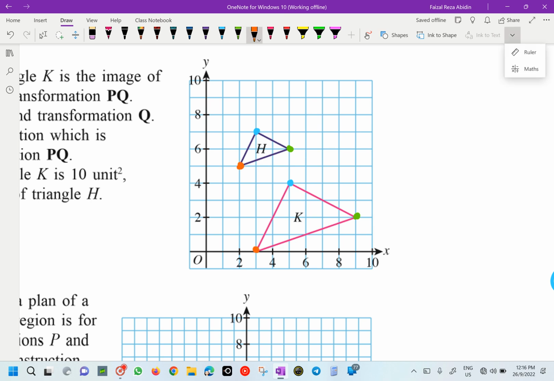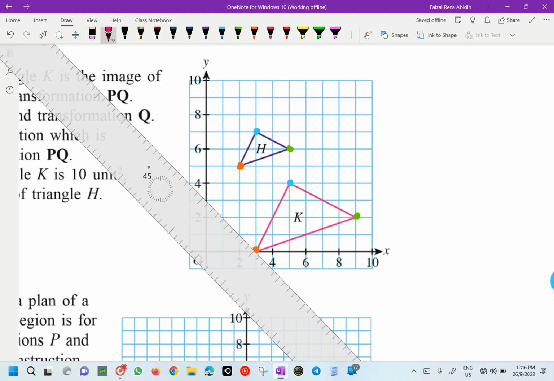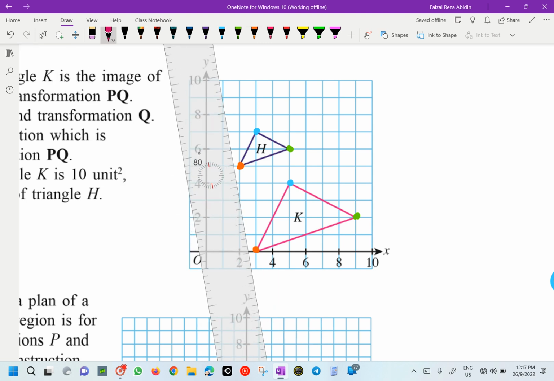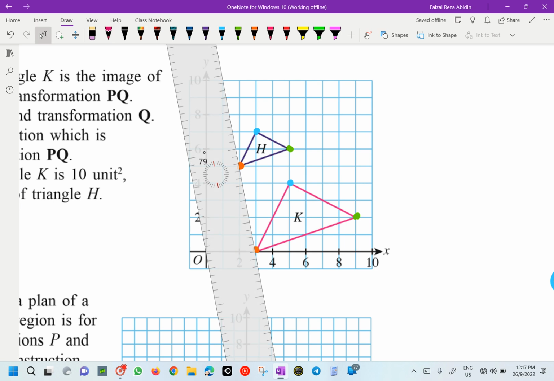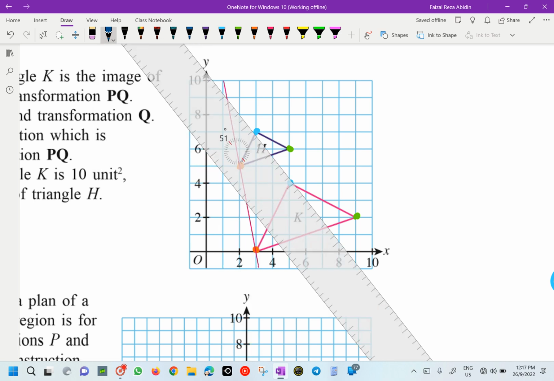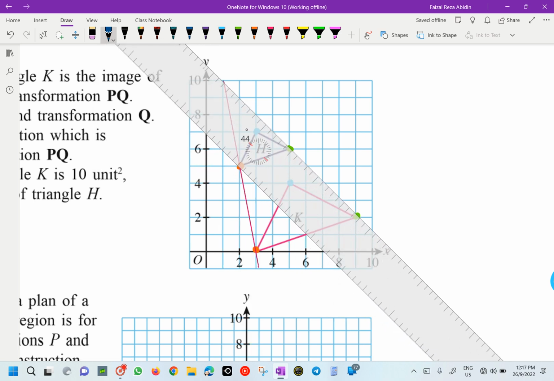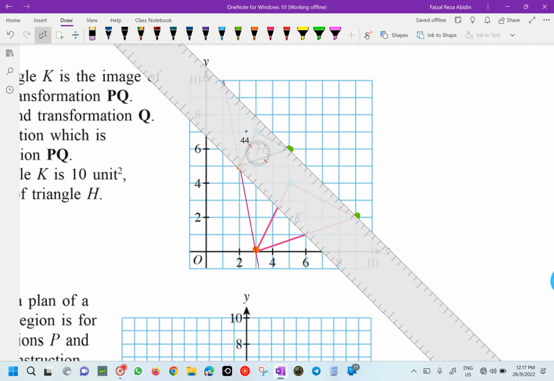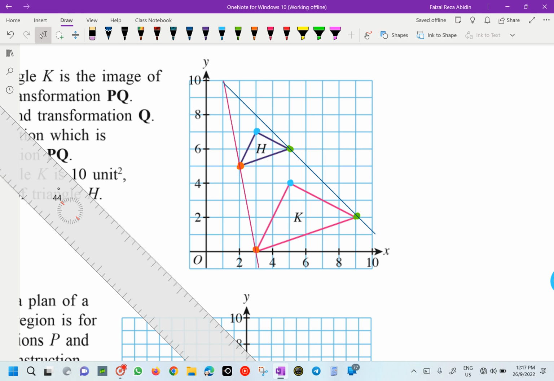So what I'm going to do here is find our center of enlargement, because we are doing only one transformation over here. Two. Here. So you have already the center here. This is our center of enlargement, isn't it?